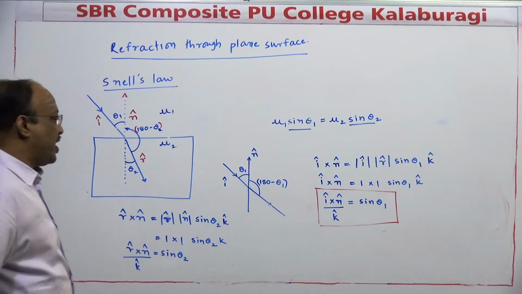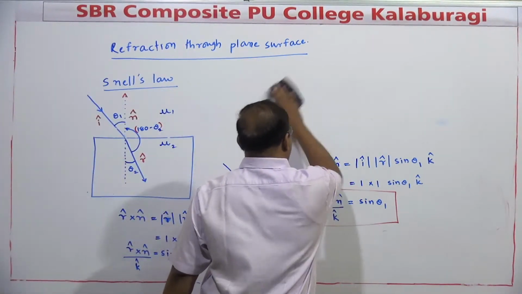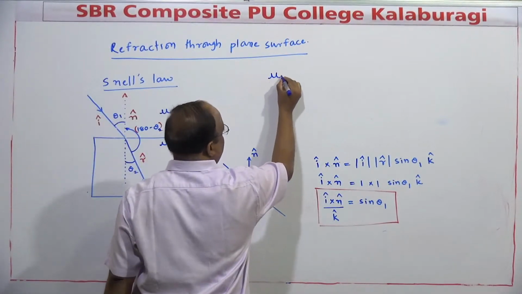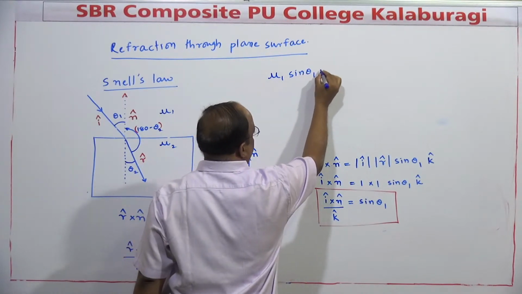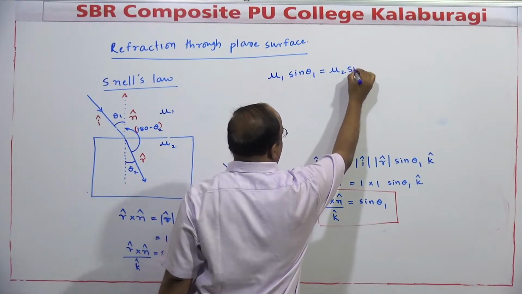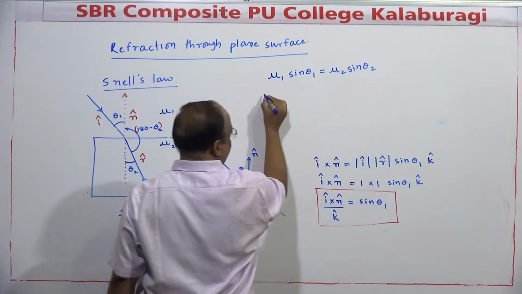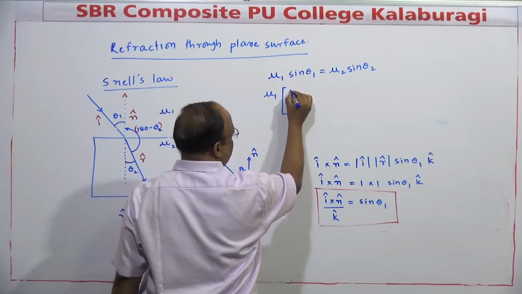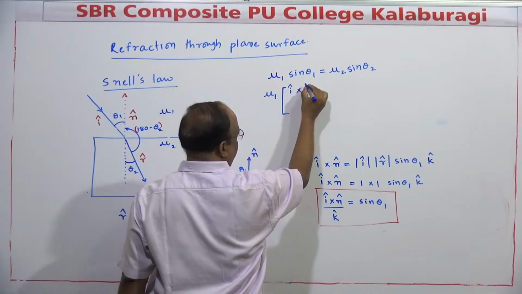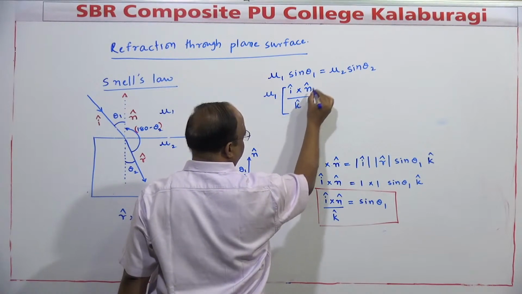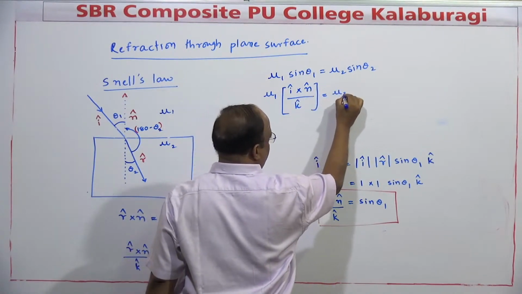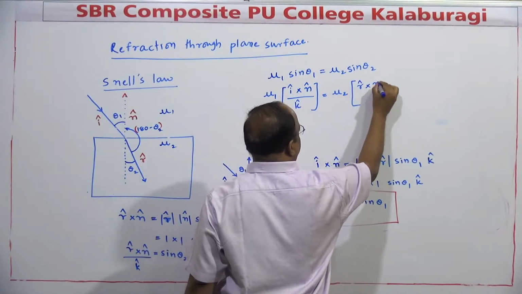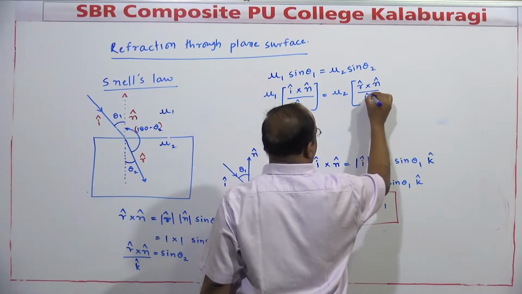So substituting these values in our Snell's law. Our Snell's law is mu1 sine theta 1 is equal to mu2 sine theta 2. Mu1 sine theta 1 is I cross n by k, which is equal to mu2 into r cross n by k.